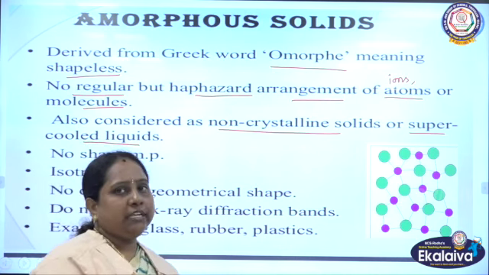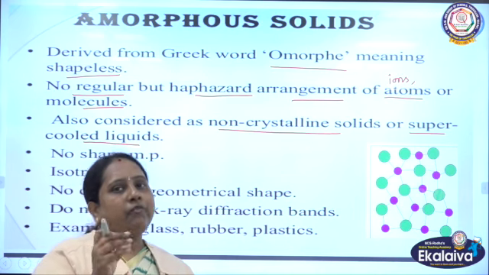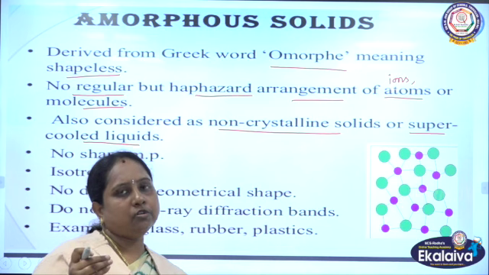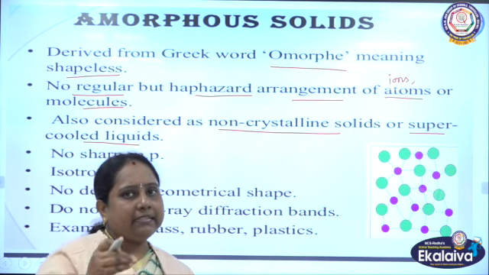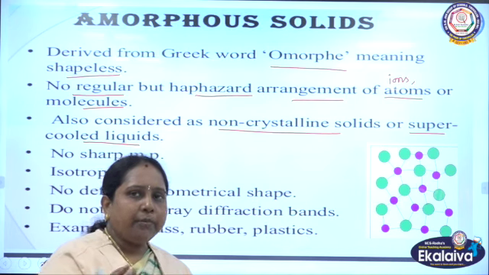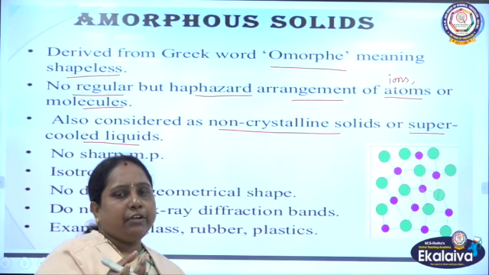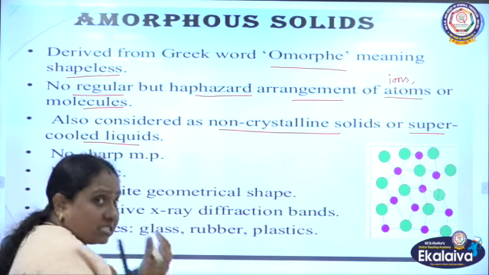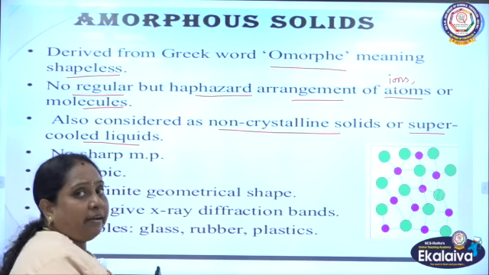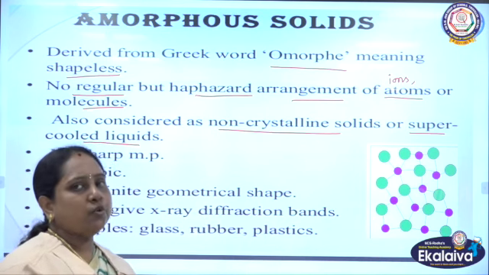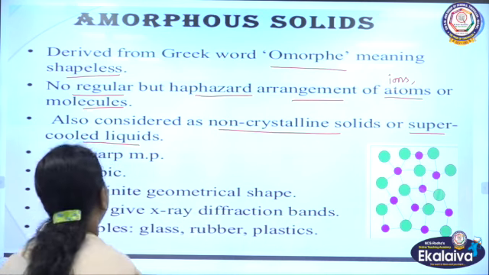Actually, it is an amorphous solid which started melting at a particular temperature. Beyond that temperature, the glass started melting and then settled at the bottom, so at the bottom you could see the glass window is thicker, and at the top it is so thin. Such a property is exhibited by amorphous solids, so they can otherwise be called supercooled liquids.